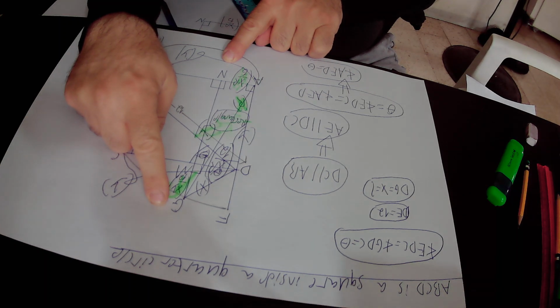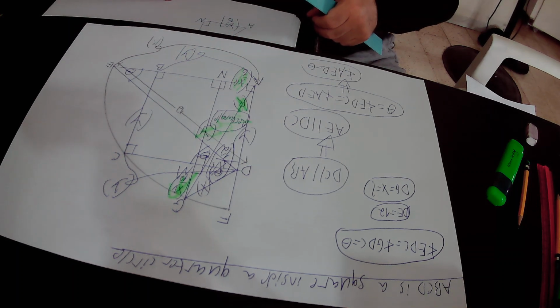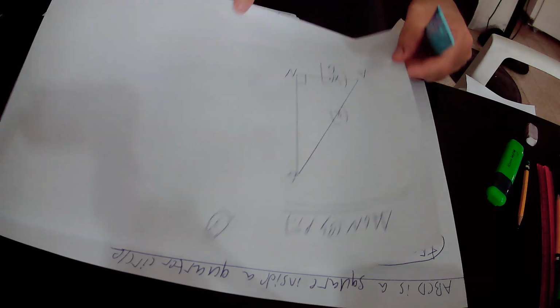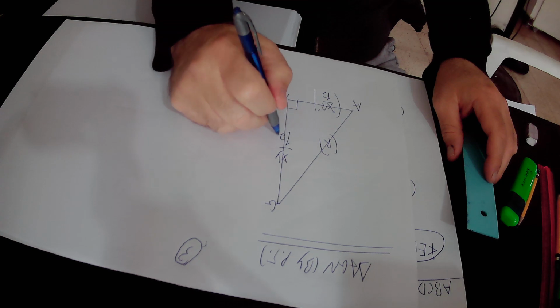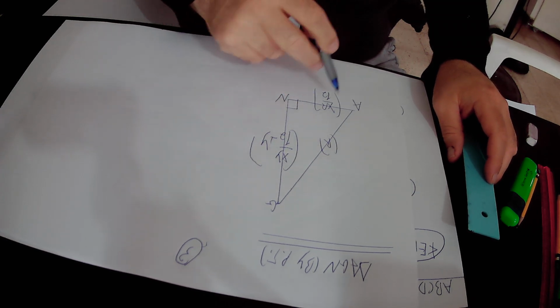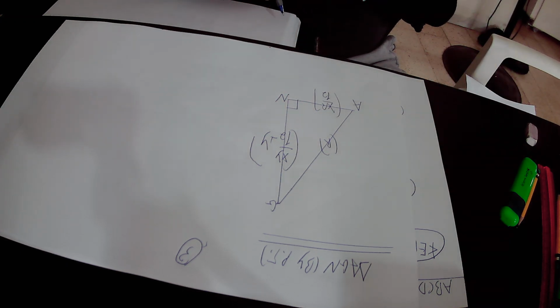So in total GN equals xy over 12 plus y. Therefore AG equals R and AN equals XR over 12. Here PT is an abbreviation for Pythagoras theorem.